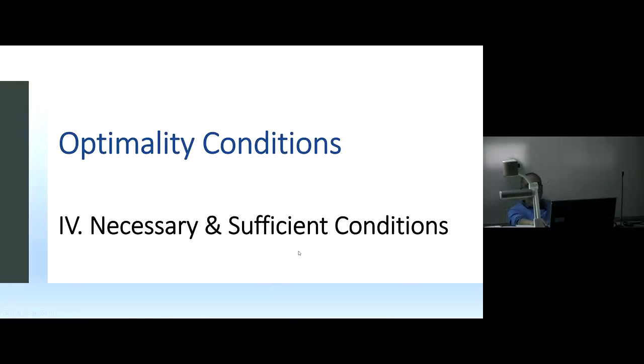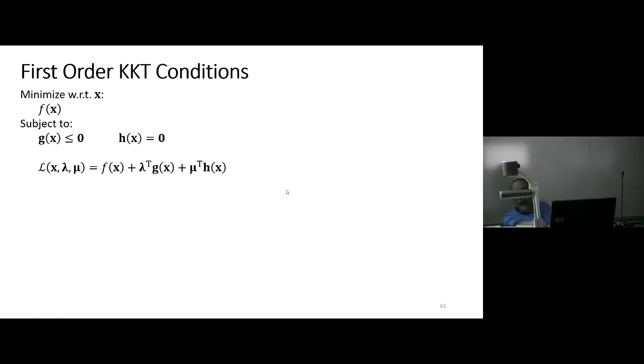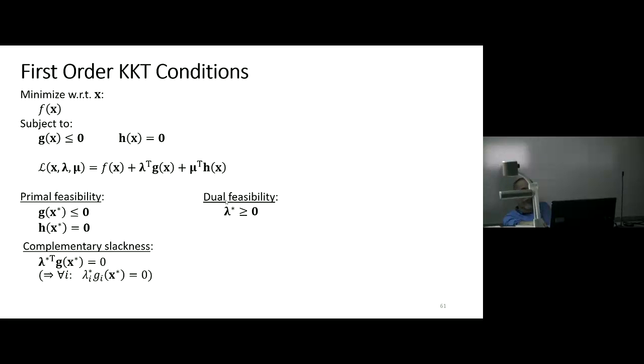So, necessary and sufficient conditions, we'll wind up with this. First order KKT conditions: primal feasibility, dual feasibility, complementary slackness conditions, and stationary conditions. The derivative of the Lagrangian must be equal to 0. So this is analogous to unconstrained optimization, where the derivative of the function would be equal to 0.